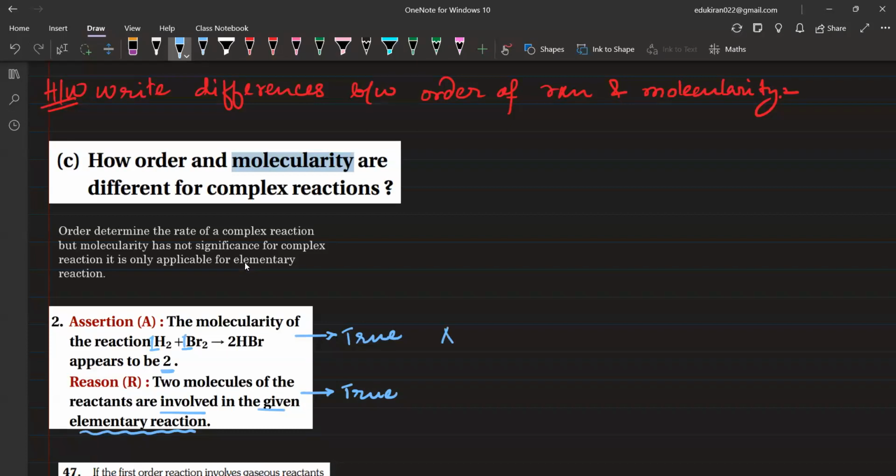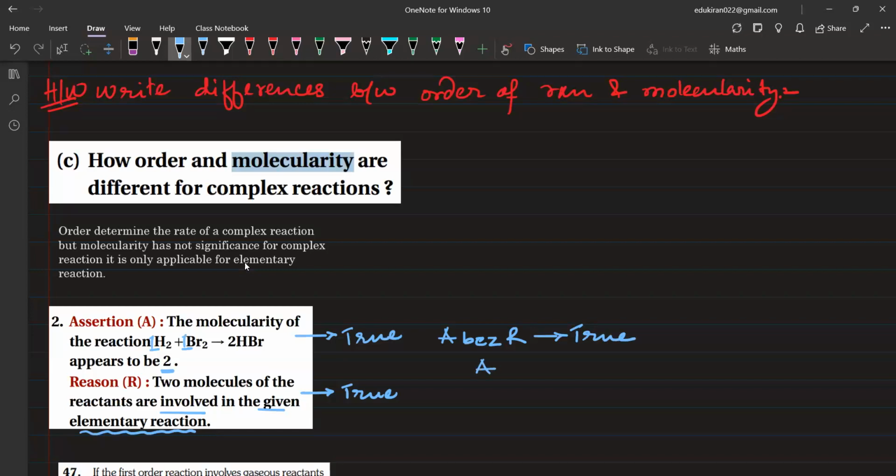Then we will form a statement, assertion because reason. The molecularity of reaction H2 plus Br2 gives 2 HBr appears to be 2 because two molecules of the reactants are involved in the given elementary reaction. So the statement also makes sense, and that is why this is also true.